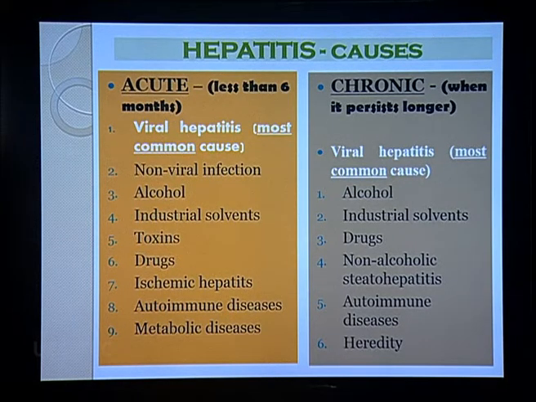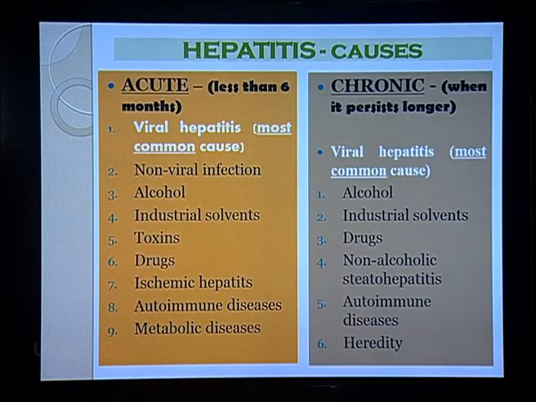Now, if we come to the causes one by one, in case of acute hepatitis as well as chronic hepatitis, viruses are the chief causes. And as you can find, apart from the viruses, alcohol, industrial solvents, some medications and autoimmune disorders are all responsible for diseases of the liver.